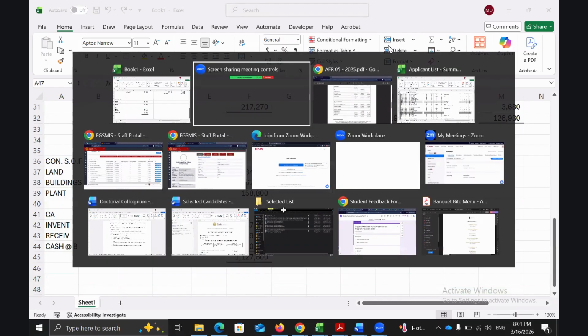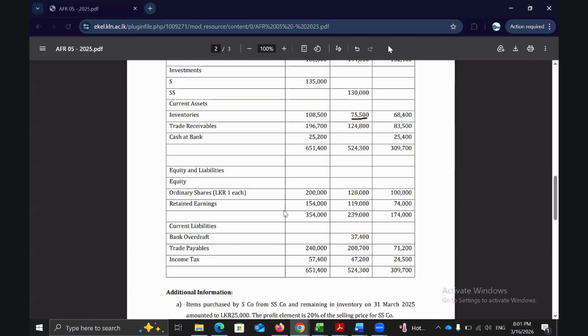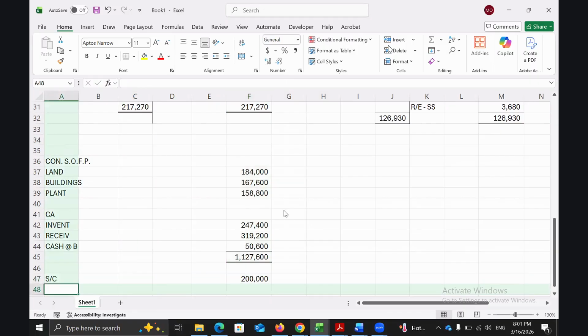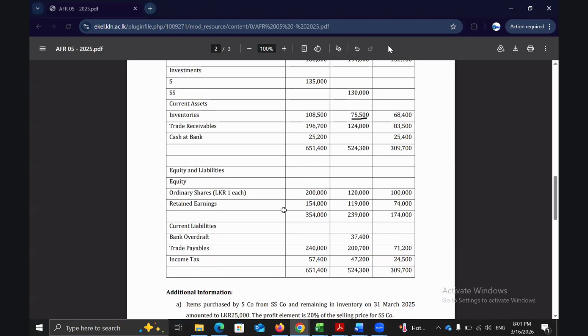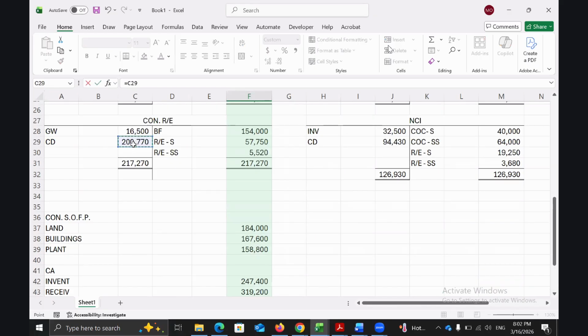Then the equity or the stated capital, we are having the balance of 200,000. Then the consolidated retained earnings. Consolidated retained earnings are having this balance.